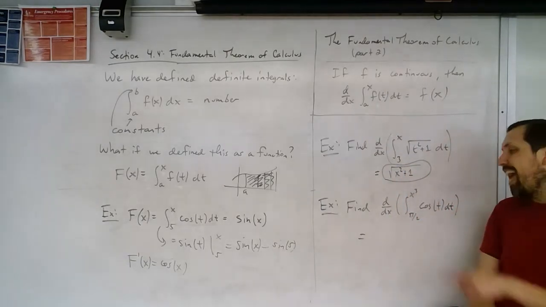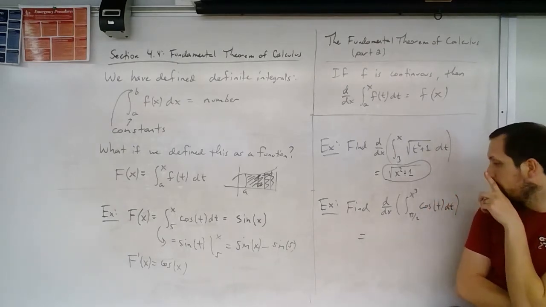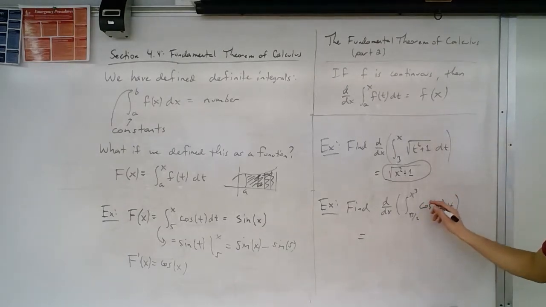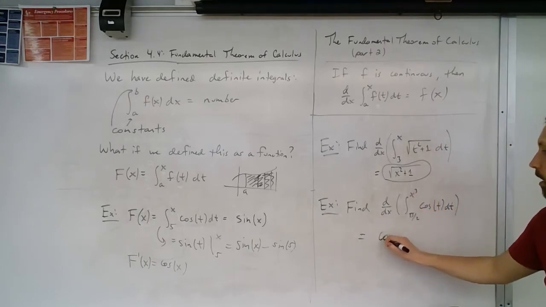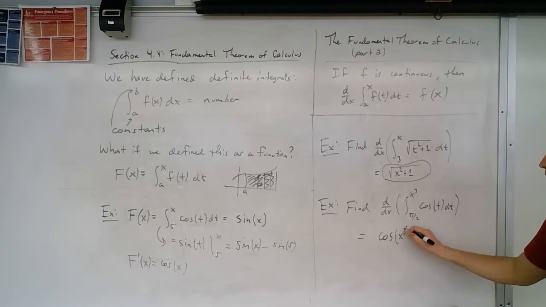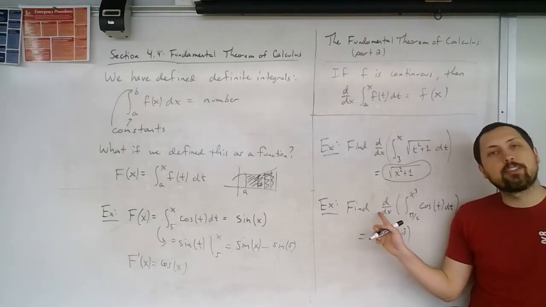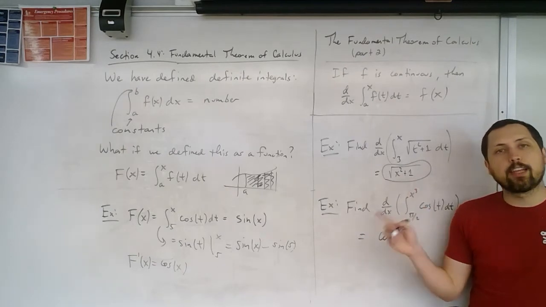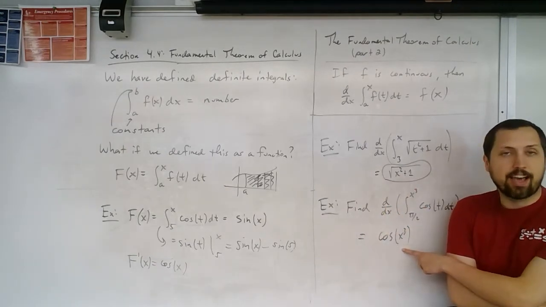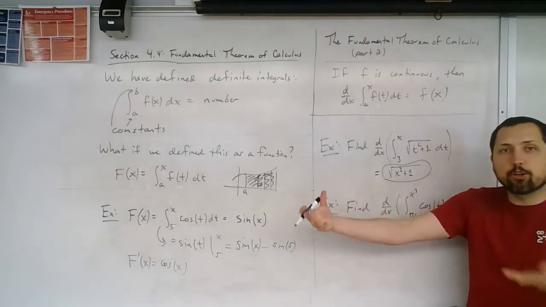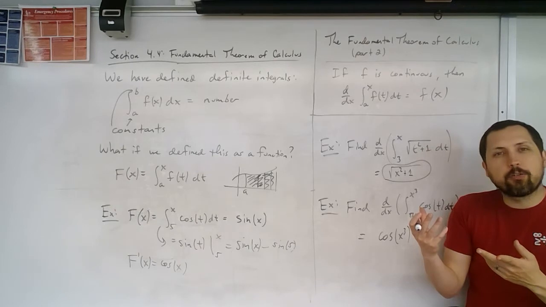Now, if instead I don't just have x, I have x cubed, now I have to be careful. Because when I plug in, I'm going to be plugging in this variable, cosine of x cubed. However, I'm still taking a derivative. If I have the derivative and on the inside I don't just have x, I have some other thing with x's, what rule do I use for the derivative?